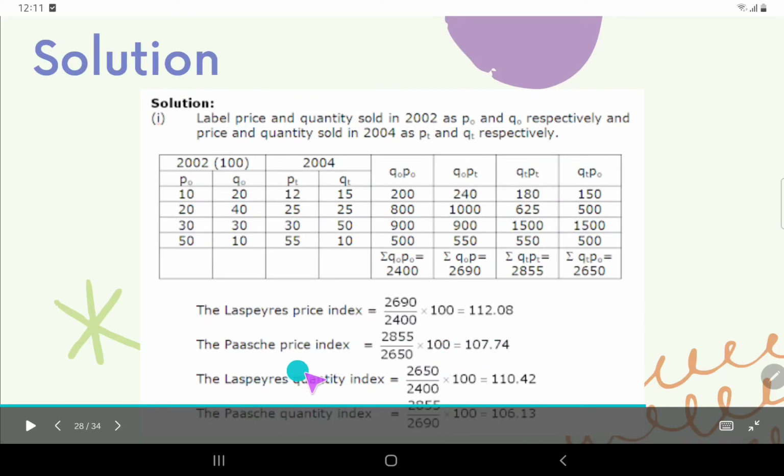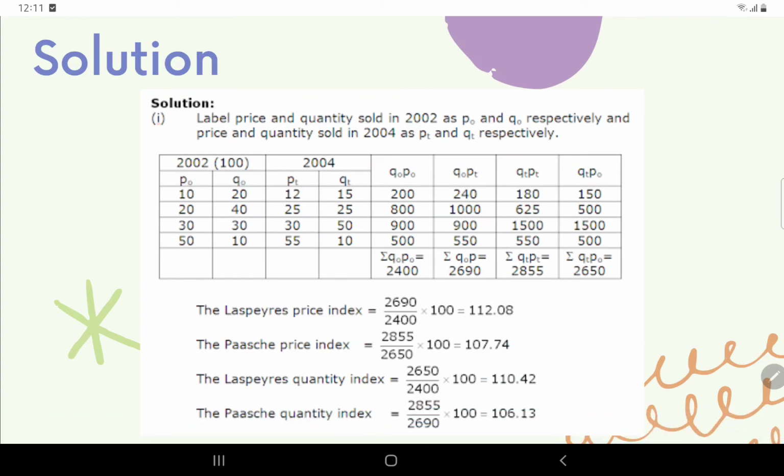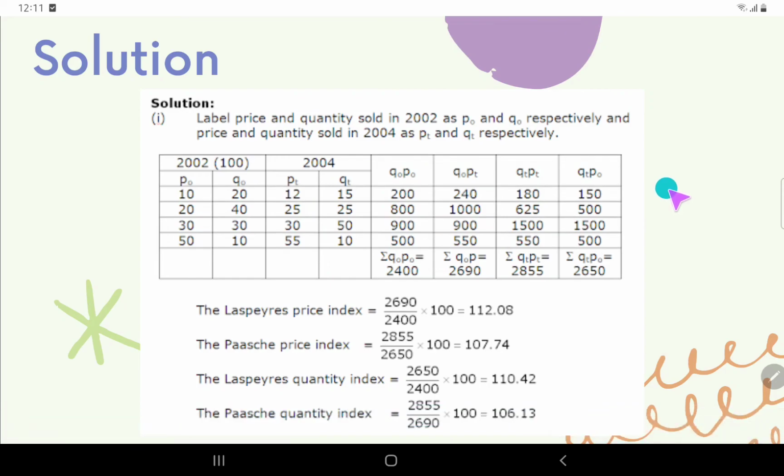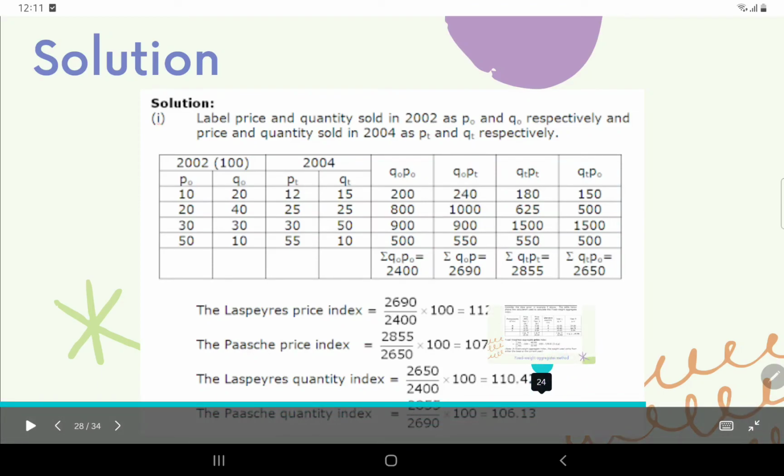For the Laspeyres quantity index, the formula is QtP0 divide by Q0P0, and then times 100. So this is the answer. And lastly, for the Paasche quantity index, the formula is QtPt divide by Q0Pt, and then multiply with 100. So this is the answer.